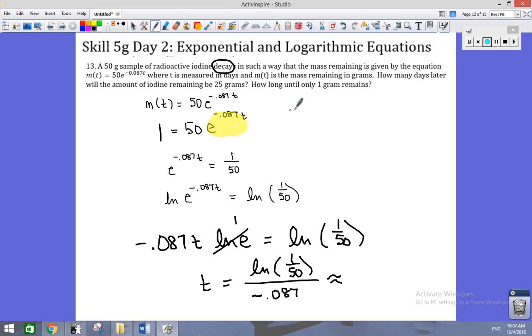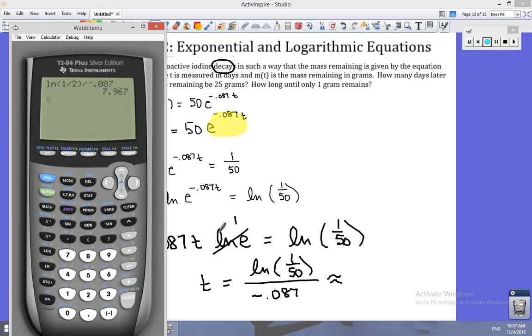So now we expect it to be a lot more than 8 days. It only took 8 days for half of it to go away. Now you're dropping all the way down to 1 gram, so it's going to be a lot longer.